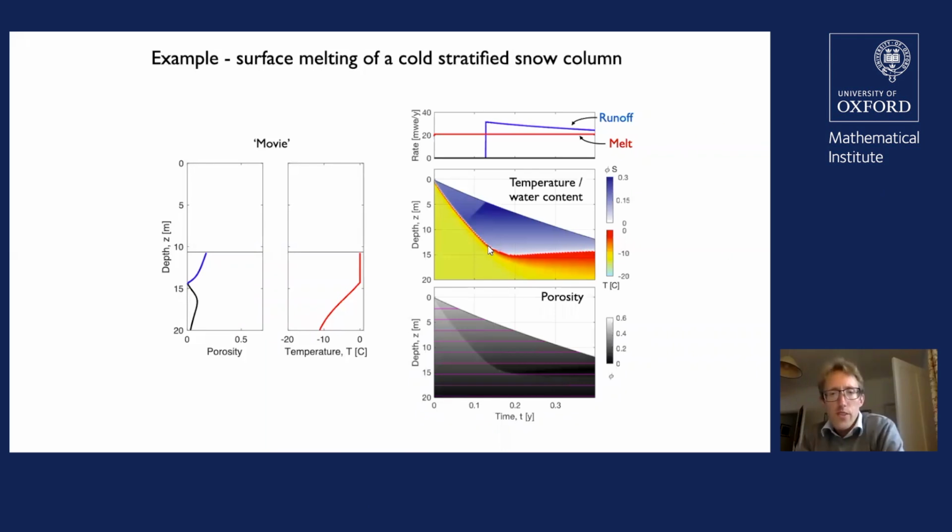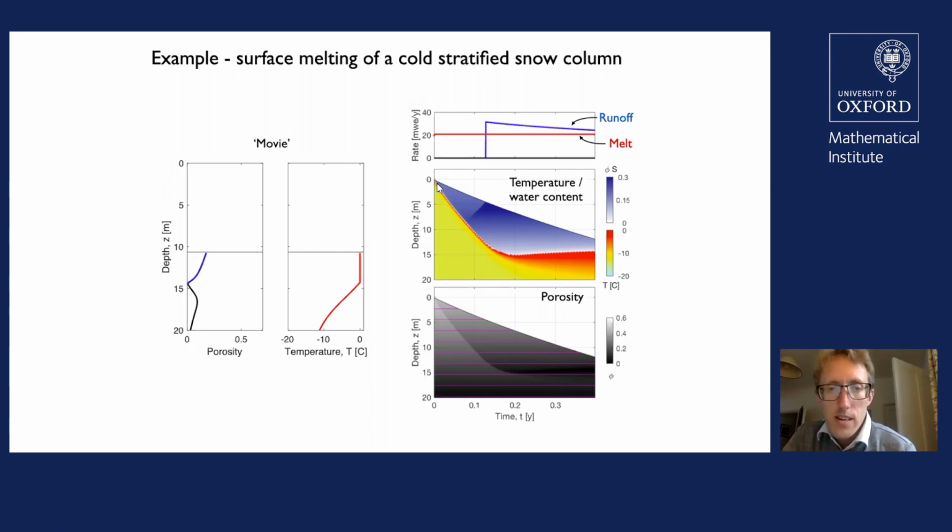The way we solved this, I didn't say, was with what's called an enthalpy method, which is often a way that you can combine solving for the temperature and water content in these problems where the temperature goes between being below the melting temperature and being at the melting temperature. But this is a pretty non-standard one in this case.